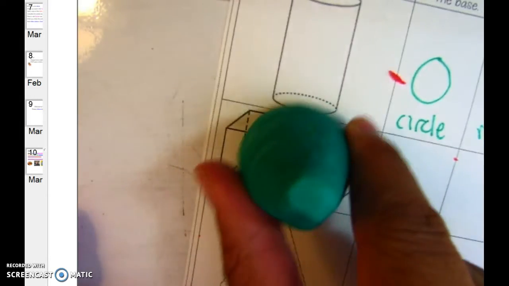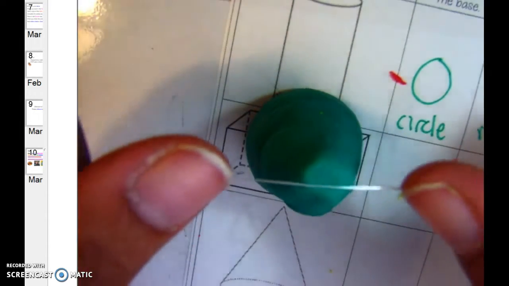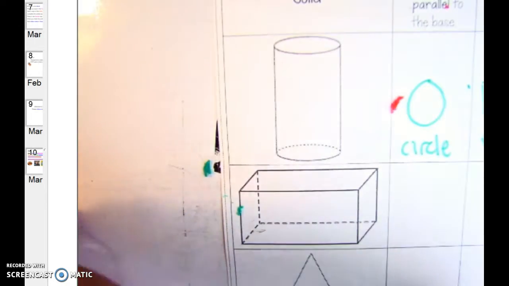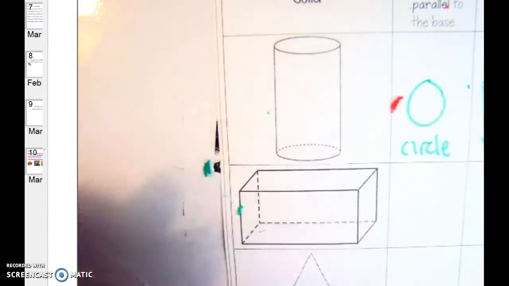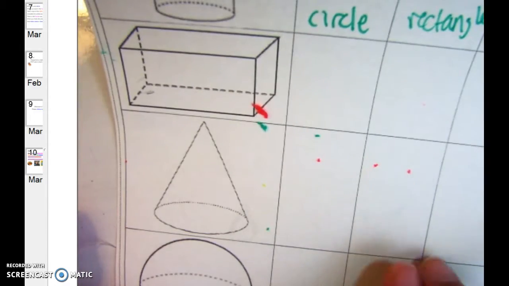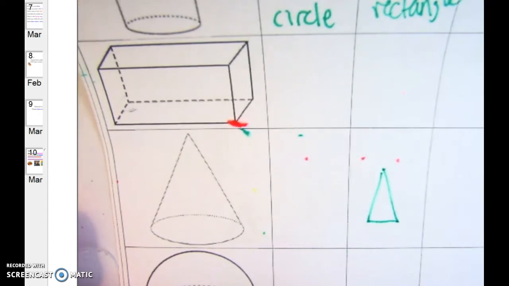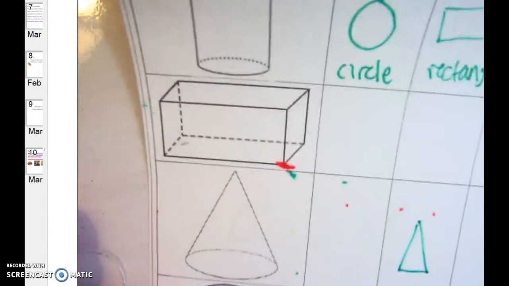Let's see. If I do a perpendicular cut going through here, what do you think that's going to look like? Make a prediction? Let's see. Looks like a triangle to me. So here for perpendicular to the base for the cone, you can write triangle or draw it. And you're going to do that for each of the shapes.